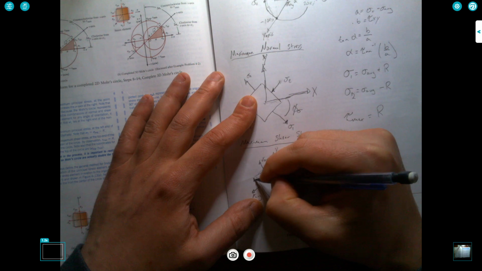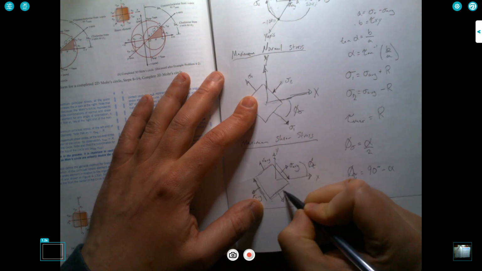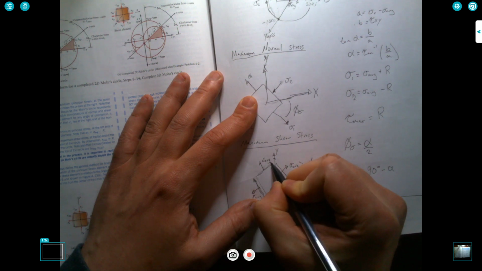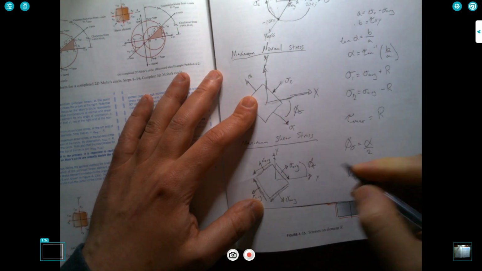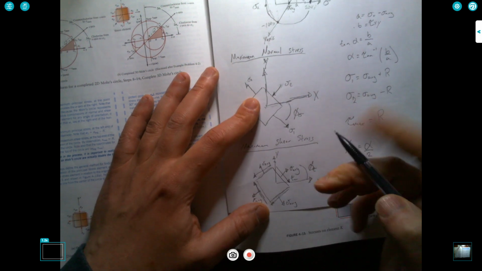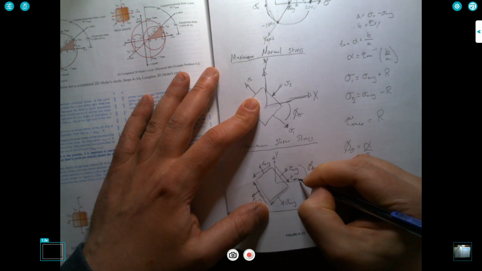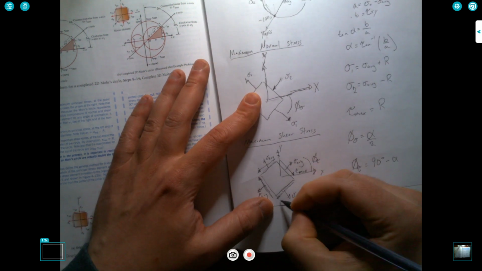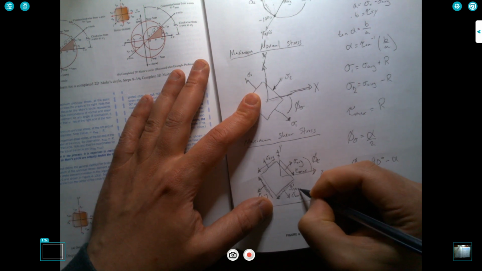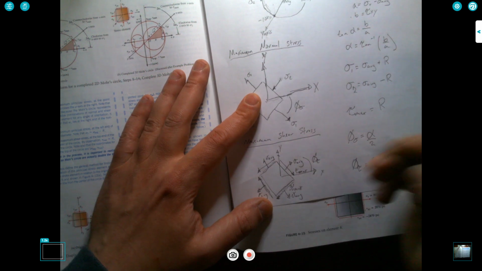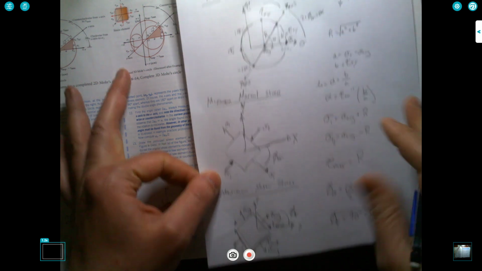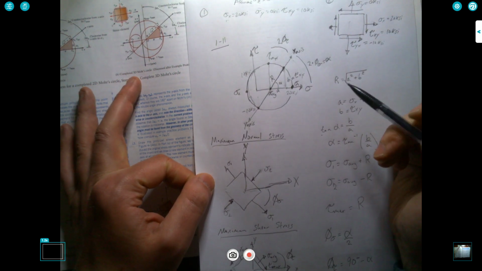And then the other face has to counteract that, so that's where we get our negative shear along this face. So this is positive shear, shear max, and this is going to be our negative shear max to counteract that positive shear max. All right, and that's really how you would go through and solve the Mohr circle problem.